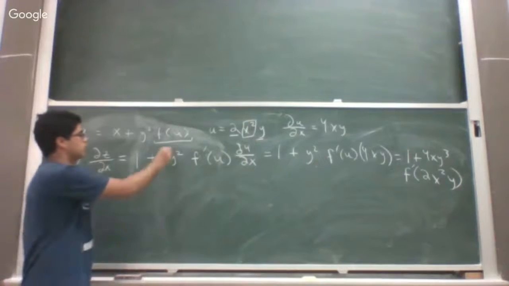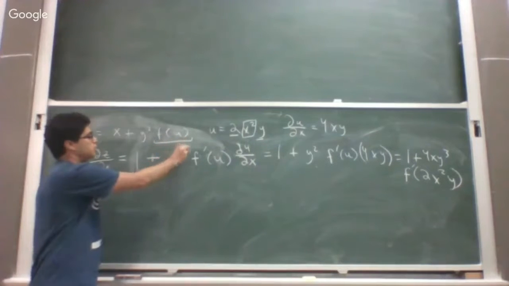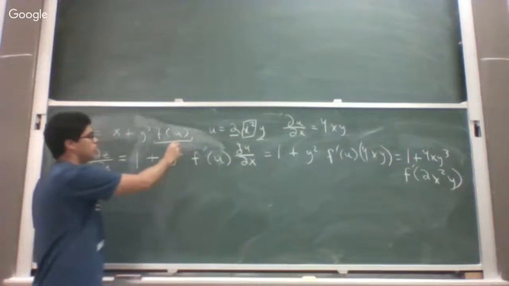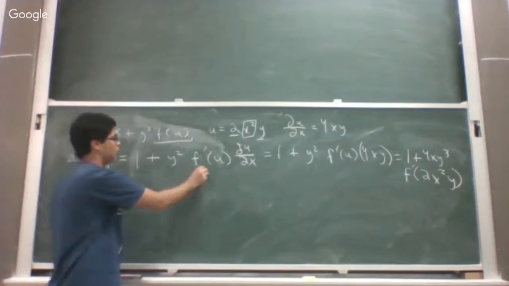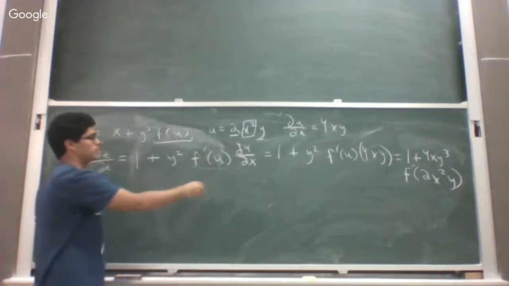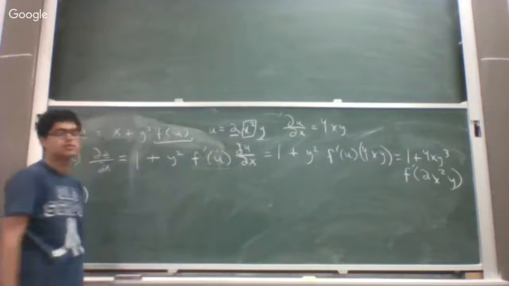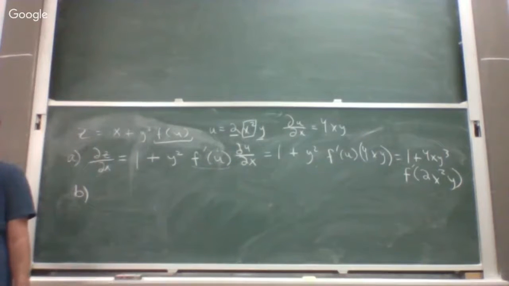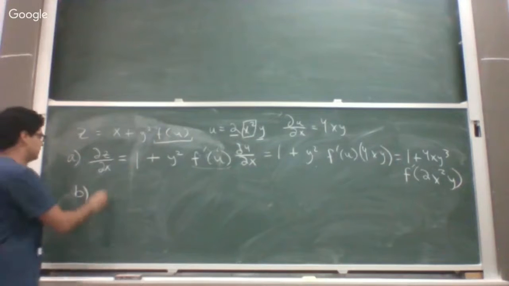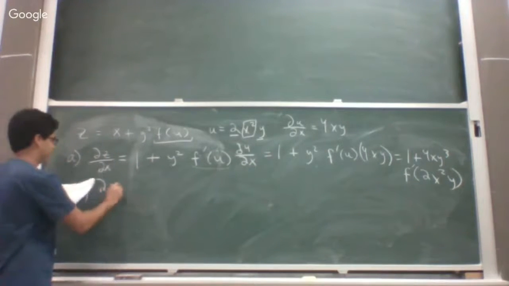Because we don't know what the function is. We just know u. So we can leave it as f prime of u there. Or we can plug in what u is by putting in 2x squared y. Did that make sense? Yes, guys? Okay. Good.